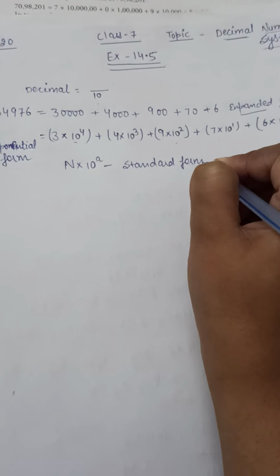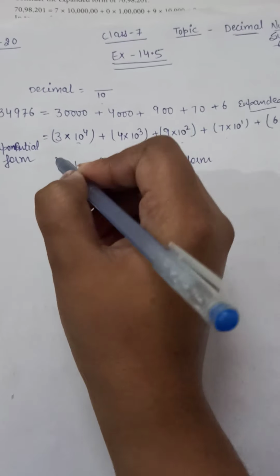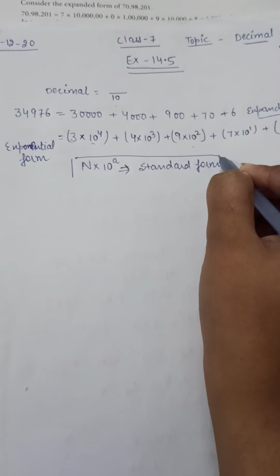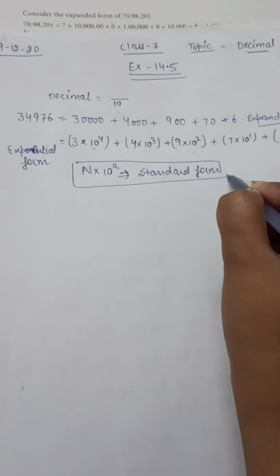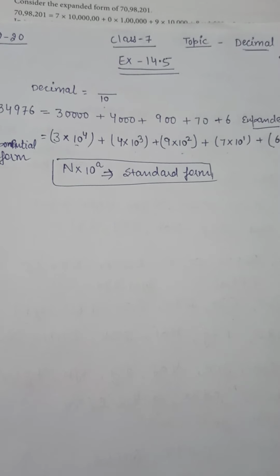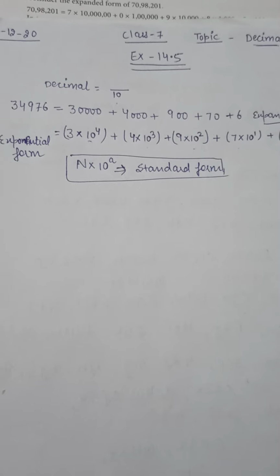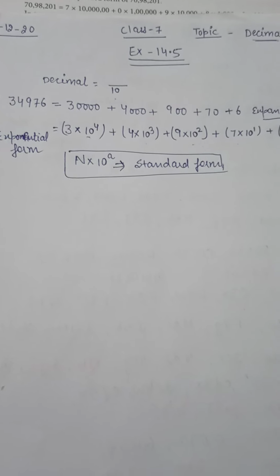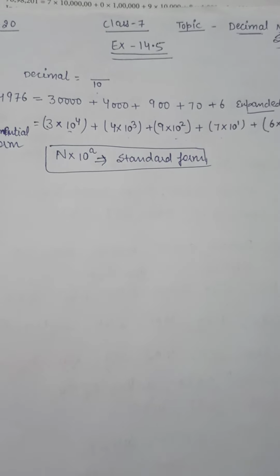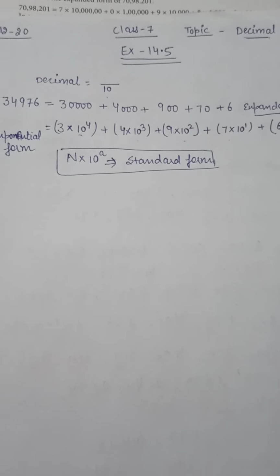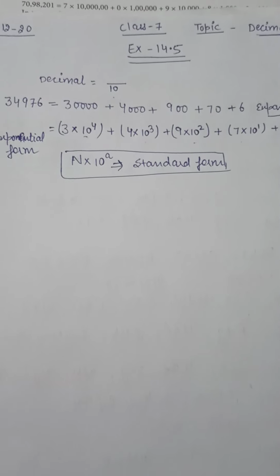Remember this form. This is very important. Like n is what? n is the corresponding decimal, or you can say n is the number, and a is its exponent, power, degree, anything you can say.